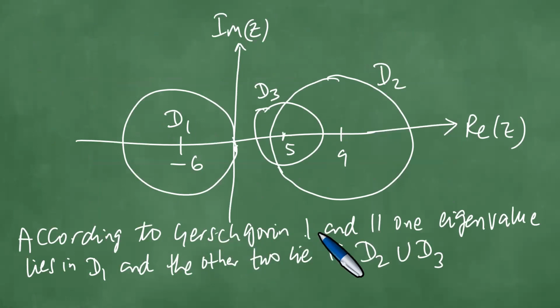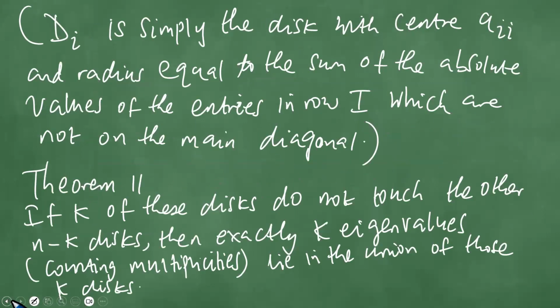According to Gerschgorin 1 and 2, one eigenvalue lies in D1, and the other two lie in the intersecting ones. That is what the theorems both agree on, because if k of these disks do not touch the other n minus k disks, like 1 does not touch 2, then exactly k eigenvalues, counting multiplicities, lie in the union of those k disks.